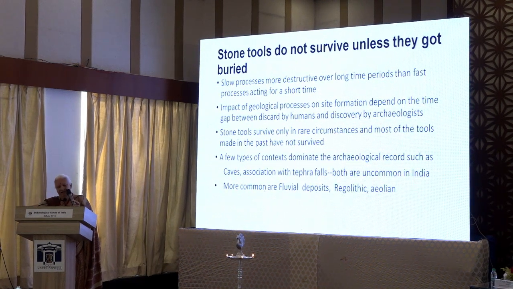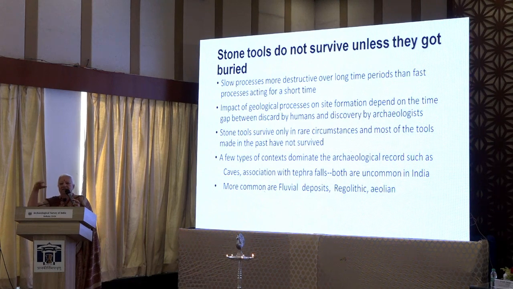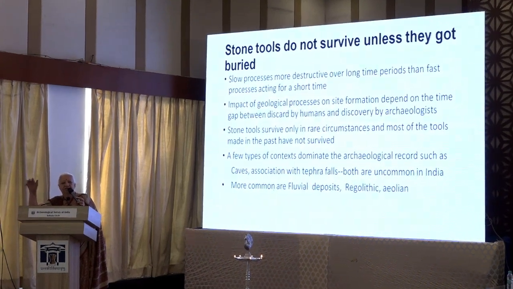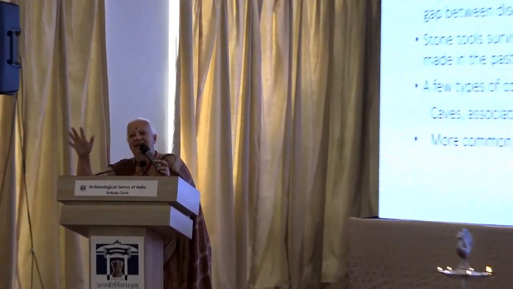So the basic difference between a tool in a good context and one that is not: first of all, don't think anything is a primary site, in the sense of being untouched by any geological processes since it was discarded by humans. To get buried, it has to get involved with some kind of geological process. How primary it is depends on how long a time there was between it being discarded and it being buried.